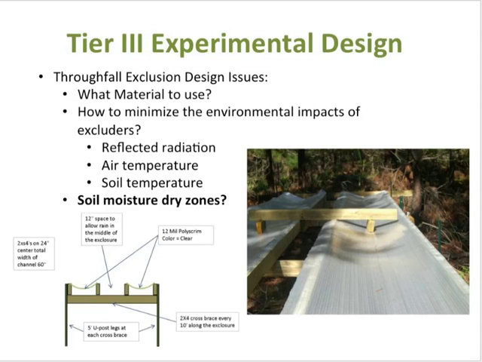So we decided to use 2 narrow troughs and leave a gap in between, as you see in the picture and in the diagram, to allow some moisture to get in between the 2 troughs to the soil underneath, as well as lifting the troughs up at least 3 to 4 feet off the ground to allow airflow and rain to blow underneath.